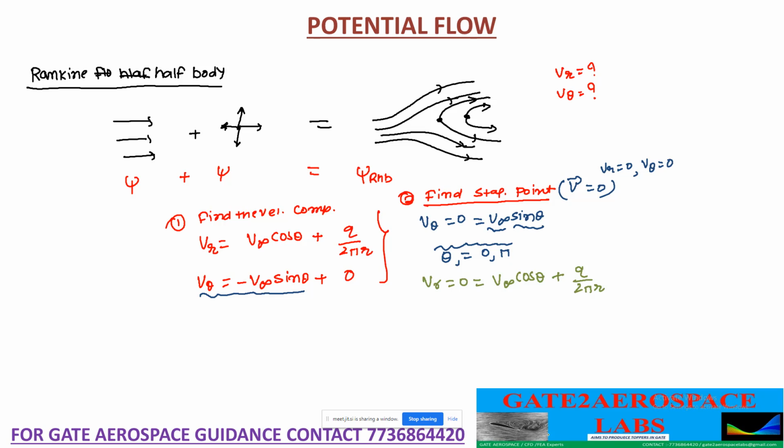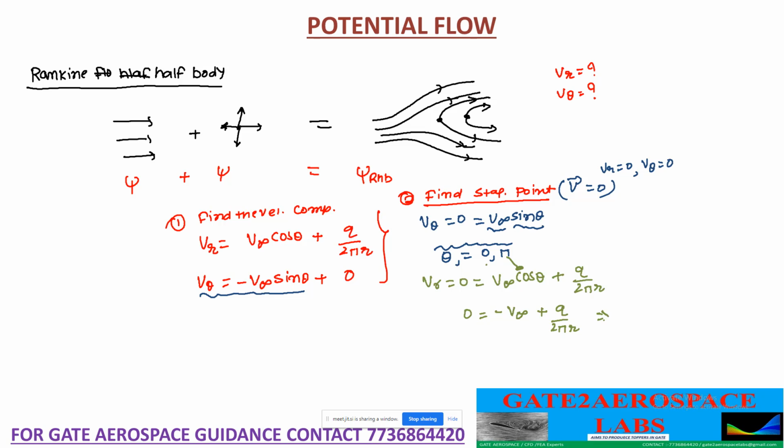Now, you put any of these two values. I will put pi in cos theta, because we want the radial component and the tangential component also 0. So just put this theta here. This will be equal to minus V infinity plus Q by 2 pi r.